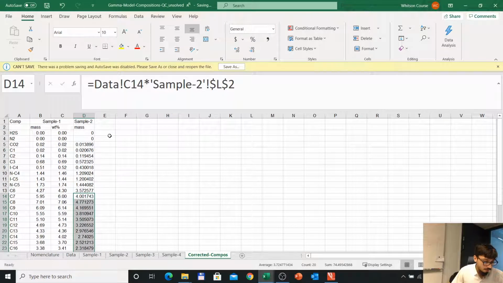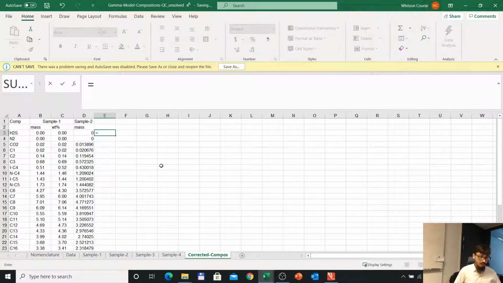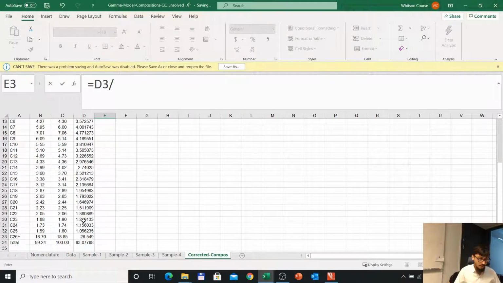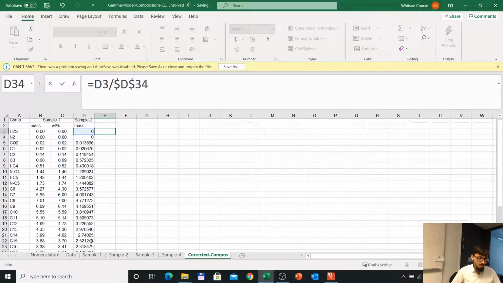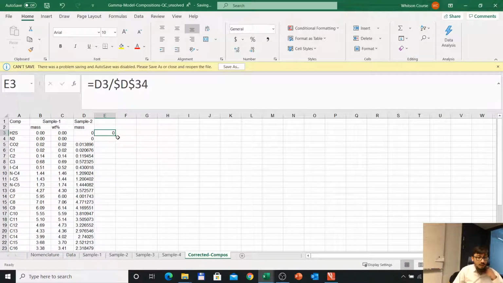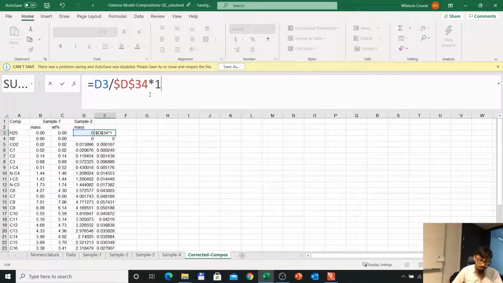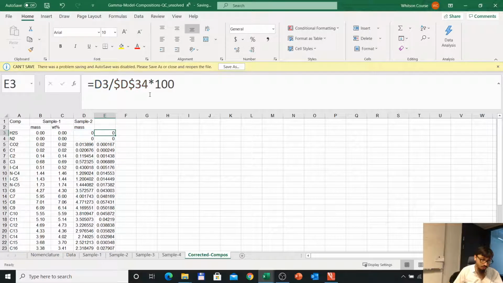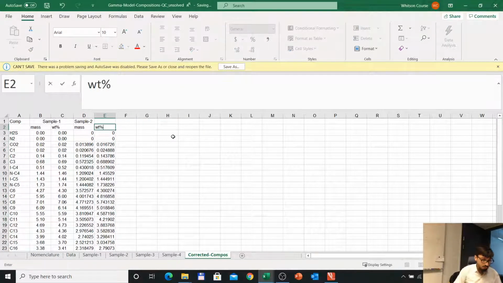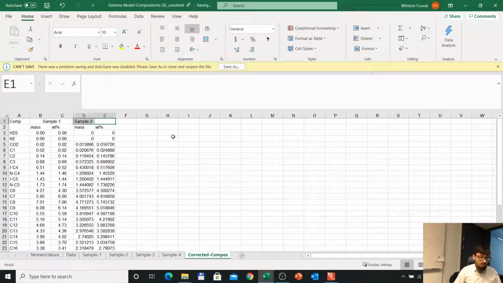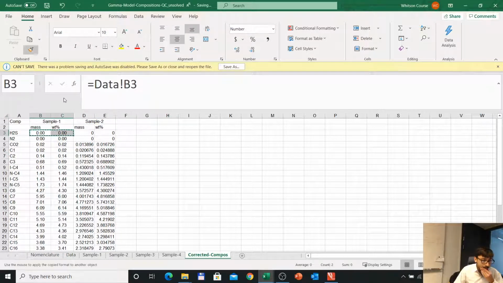So now we just need to normalize it with respect to the total mass, calculating the mass percentage. Also, we can just format it.